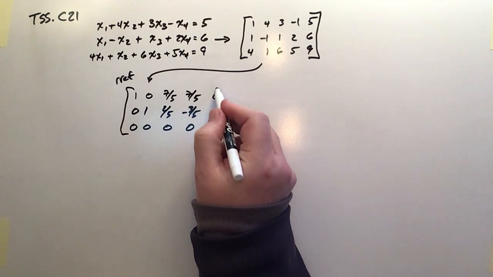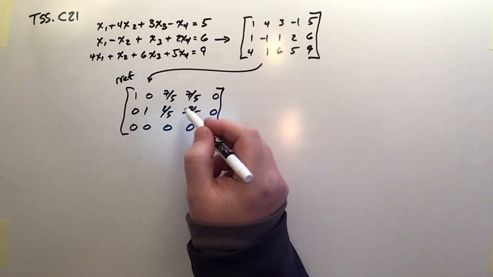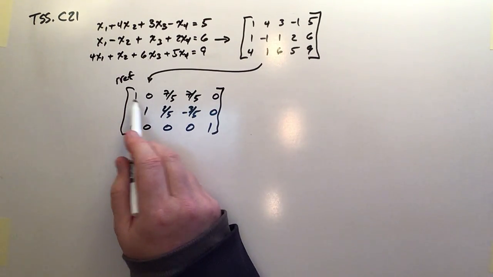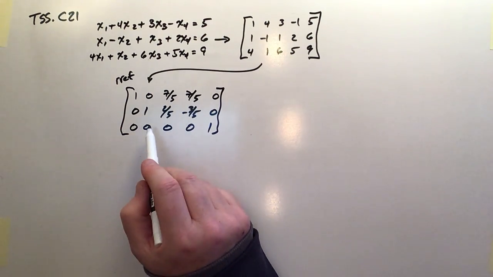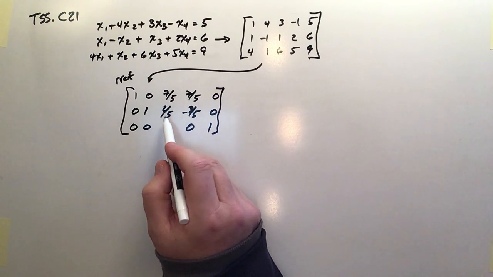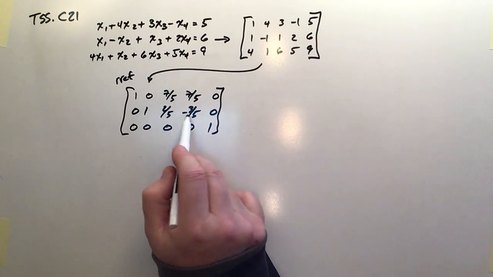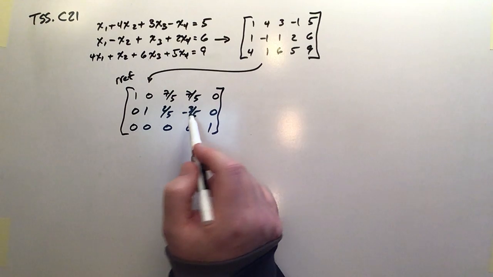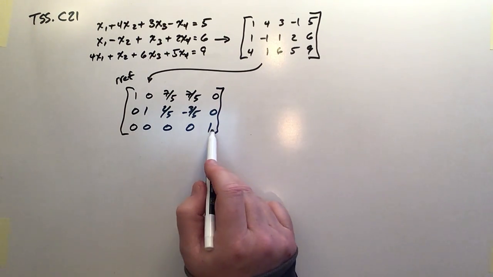Well, the first 2 rows are all right. Those indicate that there's some relationship between x1 and x3 and x4, and x2 and x3 and x4, and that's okay. But that would mean we would need to have x3 and x4 to be free, and unfortunately the last line invalidates that.